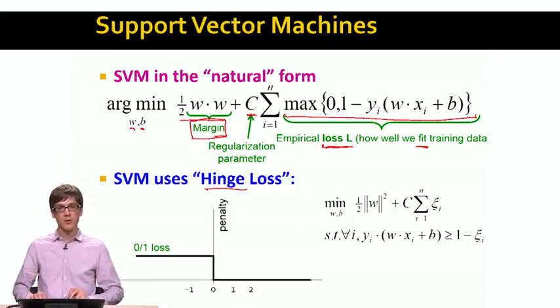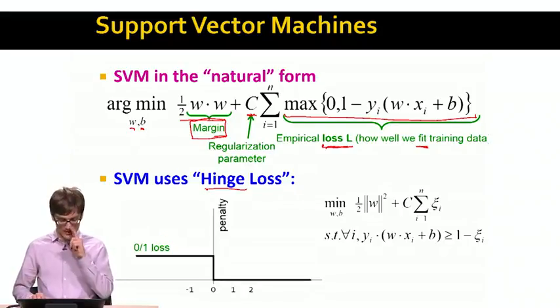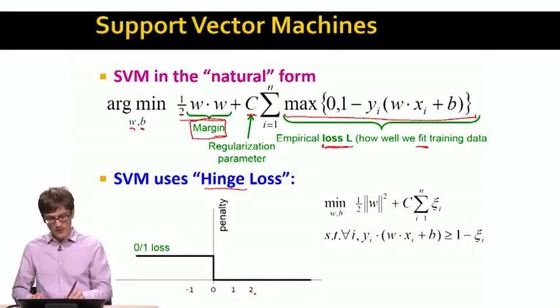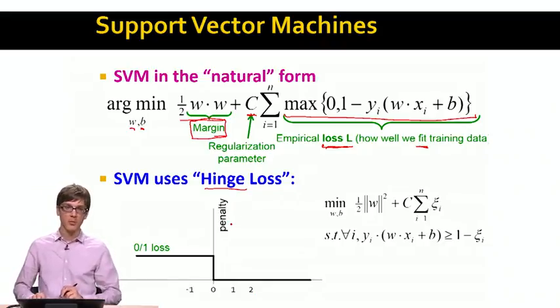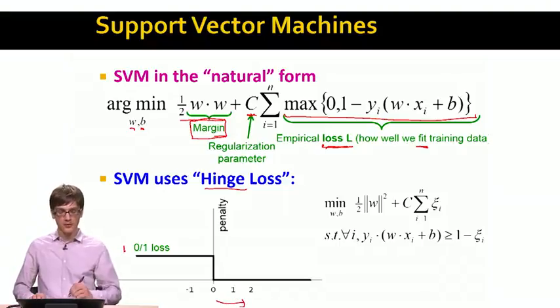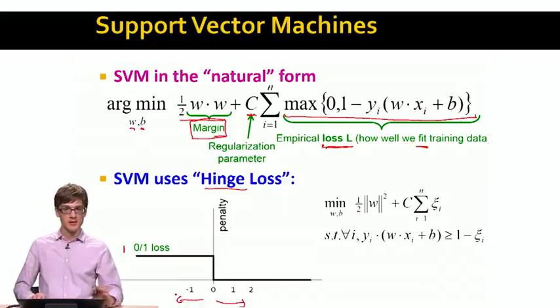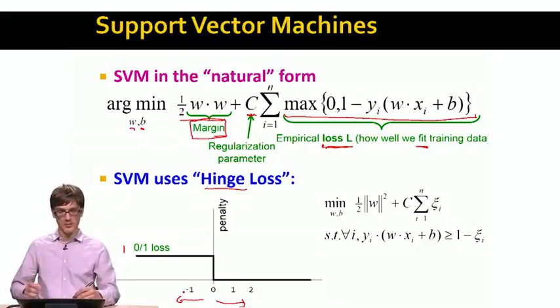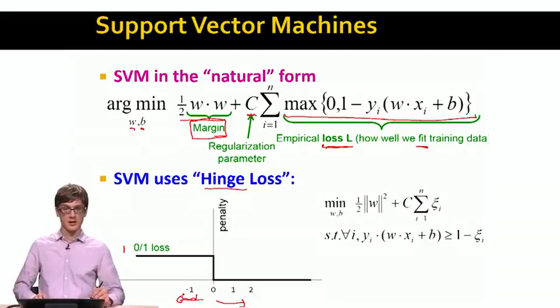The reason why we call it the hinge loss is the following. What we would really like to do is, if we have our classification and on the y-axis we plot the penalty, the idea would be that if we misclassify, we obtain a penalty of 1. Misclassification means that we predicted one class and the true class was of the other sign, so the product of the two signs is negative.